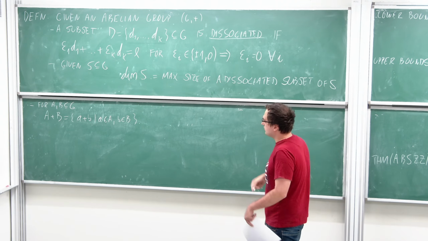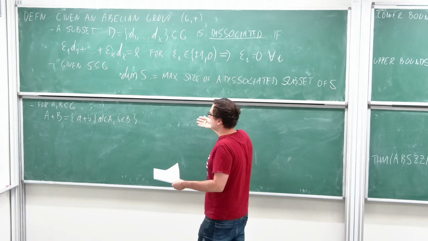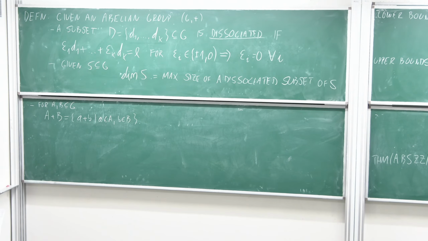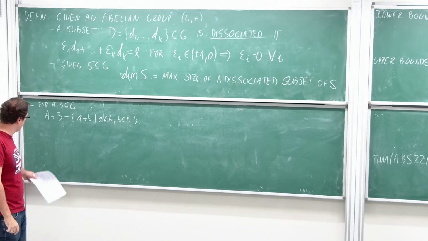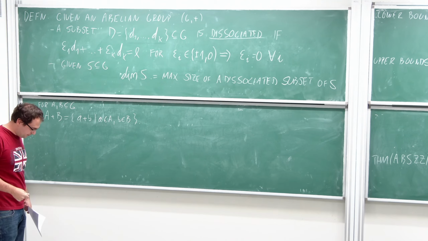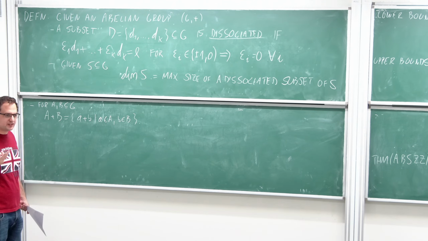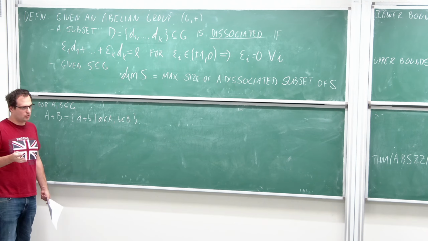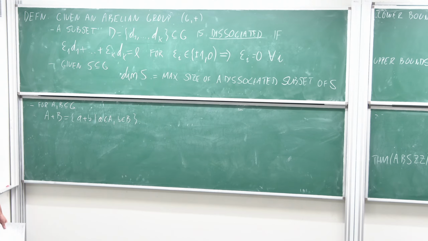And this is one of the key concepts that additive number theory studies. In particular, what people looked at quite a bit is what happens if you have a set with small doubling. Suppose that A plus A is small, what can you say about the set A?